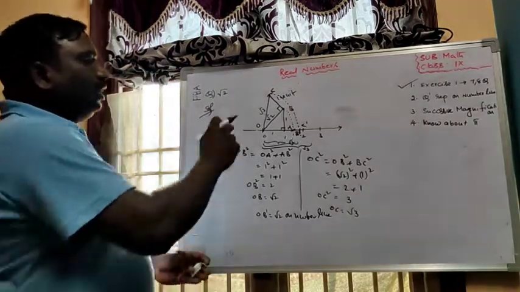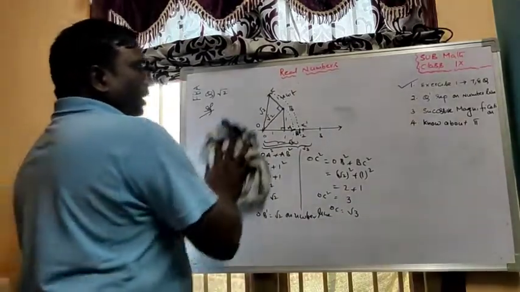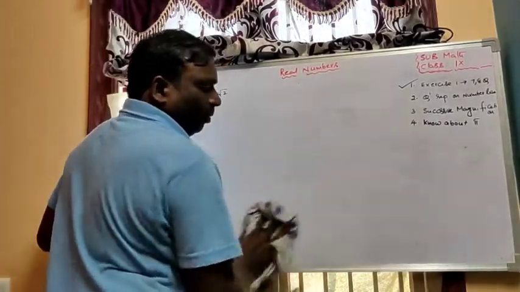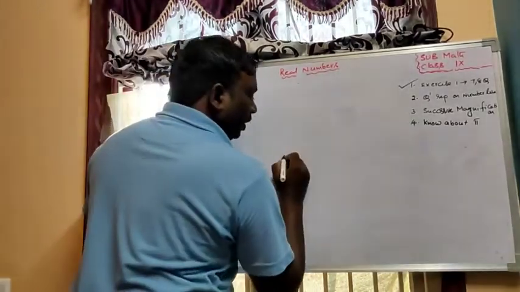Similarly, you can extend like that. If you extend the diagram like this, you will get a spider web. It looks like a spider web. See how it looks.